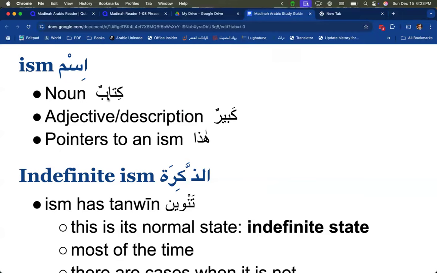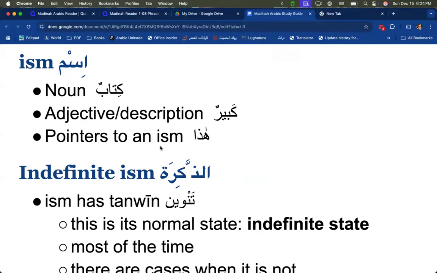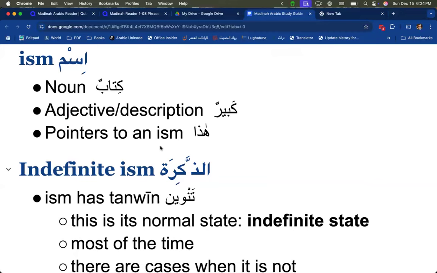So kitab, maktaba, maktab, mudarris, nouns, right? And then they can be adjectives like tawil, kabir, ba'id, sa'ab, sahl, right? They're adjectives. And then there's the ismul ishara, هذا, هذه, ذلك, تلك. They're all ism. Okay?